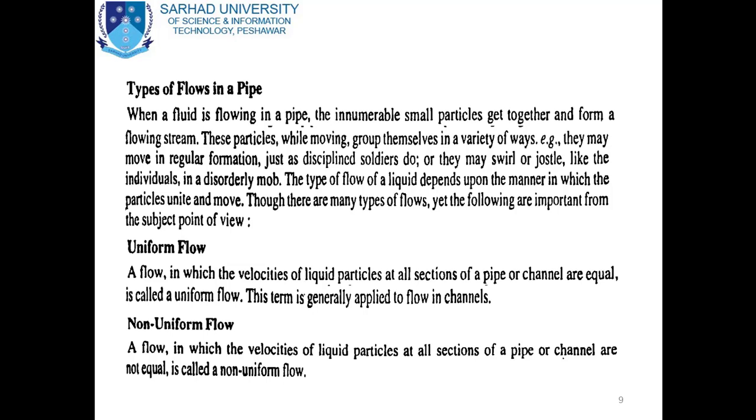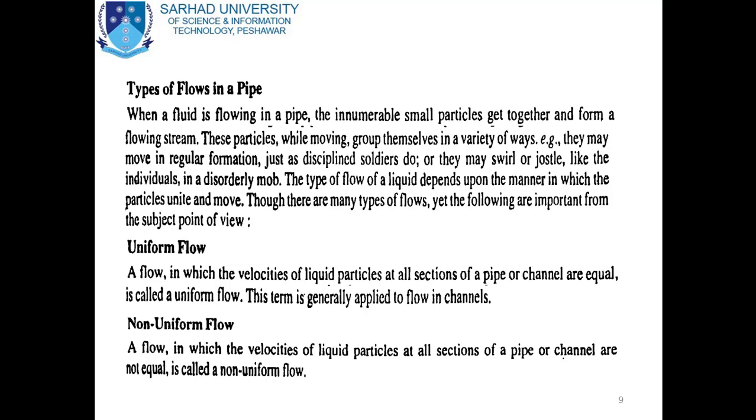For example, they may move in a regular formation, just like disciplined soldiers do, or they may spiral or jostle like individuals in a disorderly mob. The type of flow for a liquid depends upon the manner in which the particles unite and move. Though there are many types of flow, the following are important from the subject point of view.